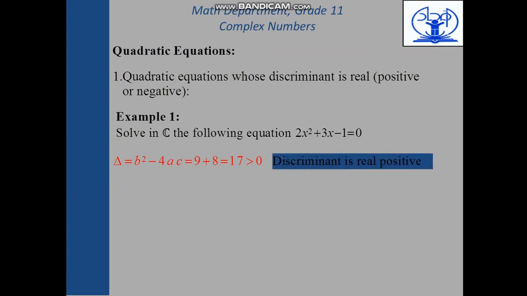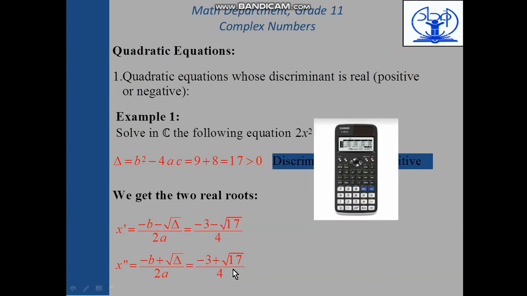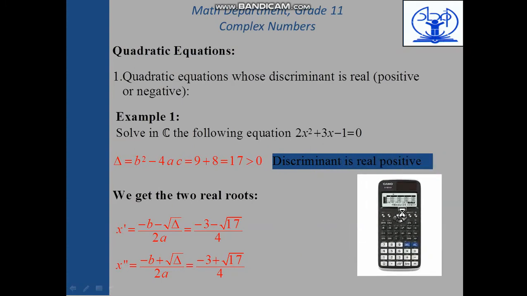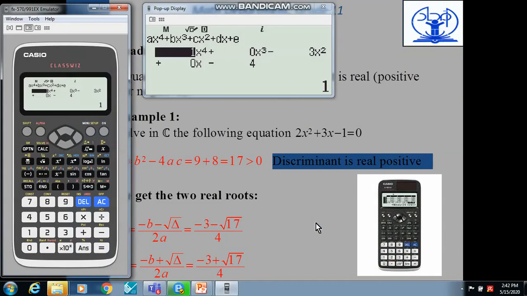Discriminant is real positive. We get two real roots. x prime equal minus b minus radical delta over 2a, which is equal to minus 3 minus radical 17 over 4. And the second one is minus 3 plus radical 17 over 4. Let us do that on the calculator. Very easy, you know how to do it, but let me remind you.